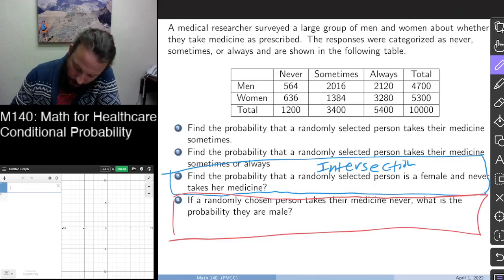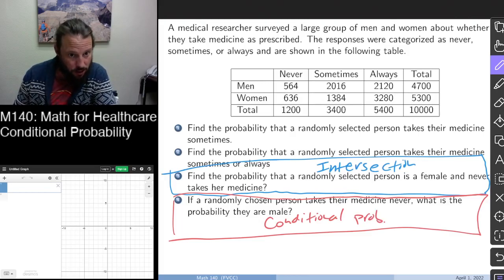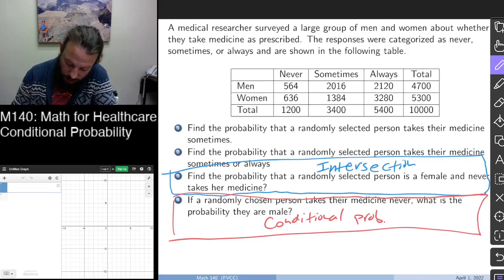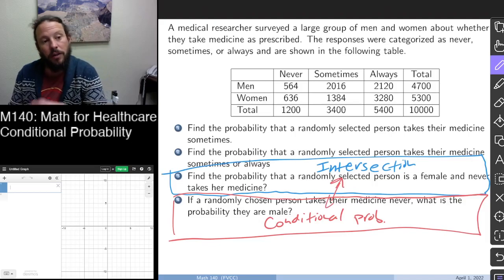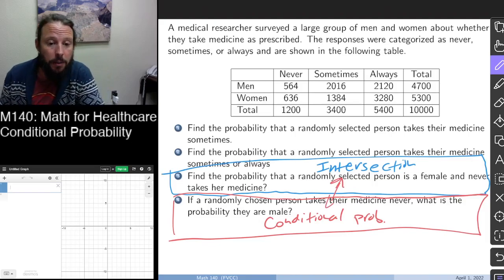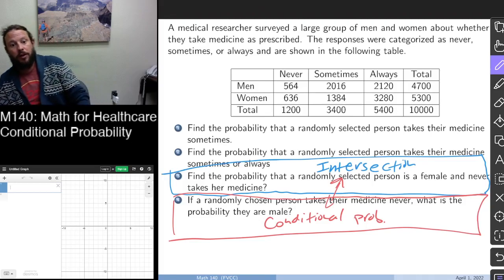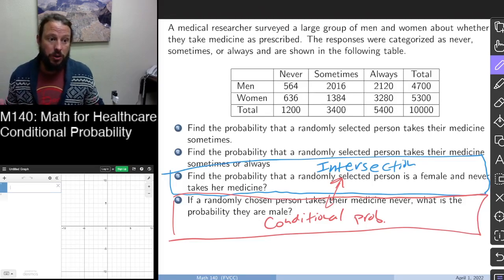So this is going to be a new type of probability we call conditional. While you're watching these and doing these, the tricky thing is to distinguish between intersection and conditional. That's going to be for the rest of this chapter. That's always something you've got to pay attention to, because it's a little tricky. They're related, right? Both things are happening, but in one of them, we know something's happening.